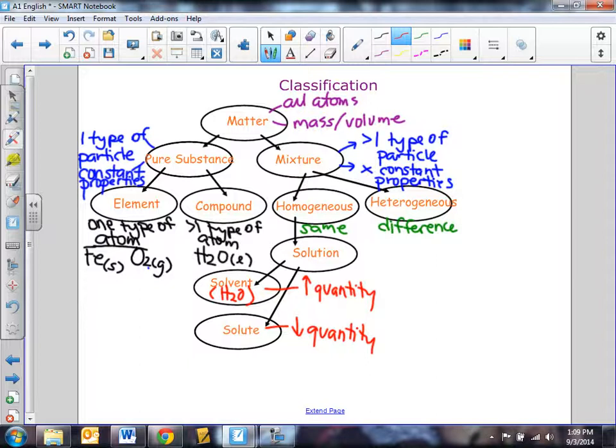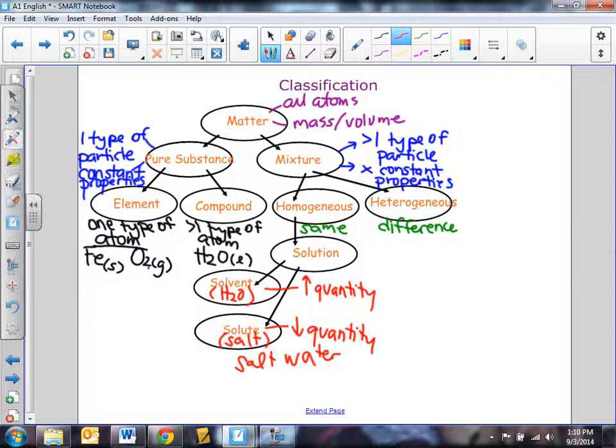Another way of describing it would be the solute is the thing that gets dissolved. So, since water could be the solvent and salt could be the solute, that means salt water would be a good example of a homogeneous mixture.